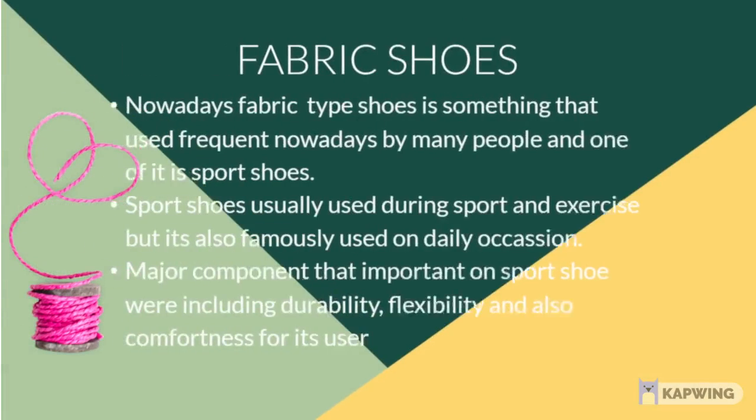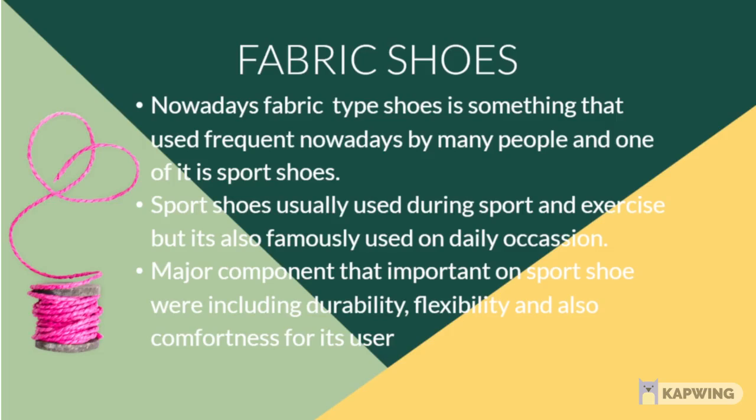So first of all, for fabric shoes, nowadays we can easily see fabric shoes everywhere and in many places, and one of the famous ones that we can easily see is sport shoes, right? Sport shoes, mostly people use during sport and exercise, but also during daily occasions.